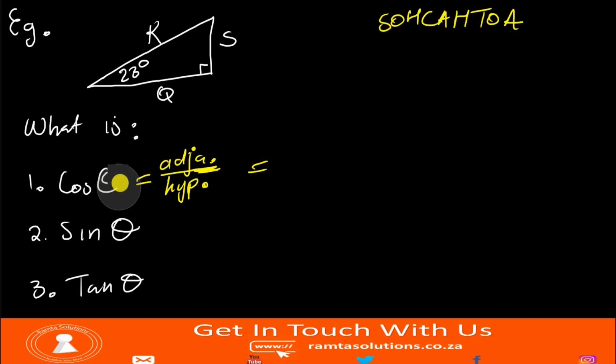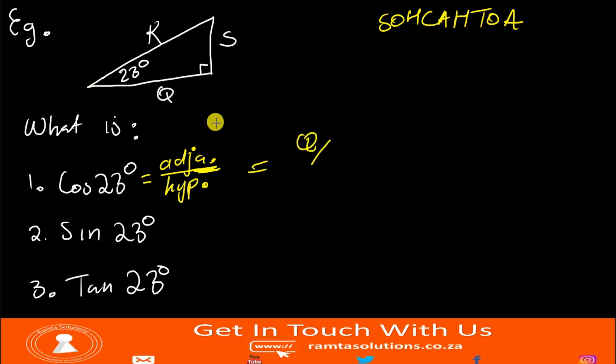Let me say cos 23 degrees, sine 23 degrees, and tan 23 degrees. The side that is adjacent to 23 degrees is this one here, and we call it Q. The one that is the hypotenuse, remember, hypotenuse is always opposite the right angle. It's this side here, which we called R.